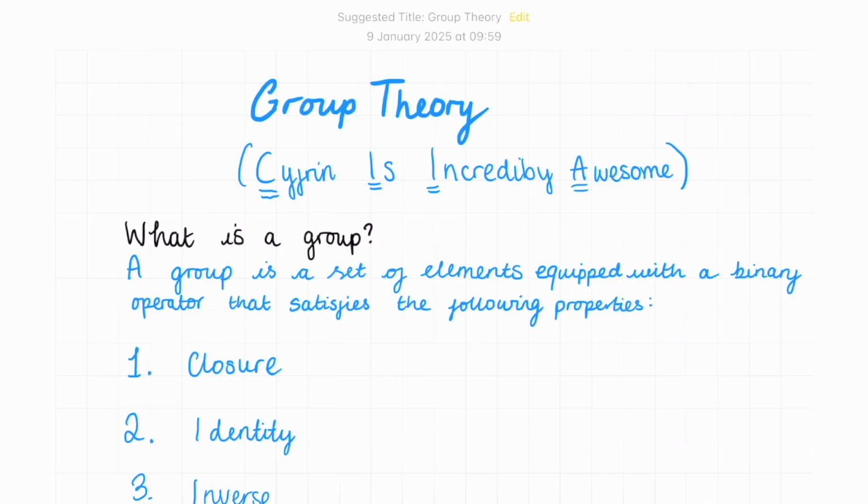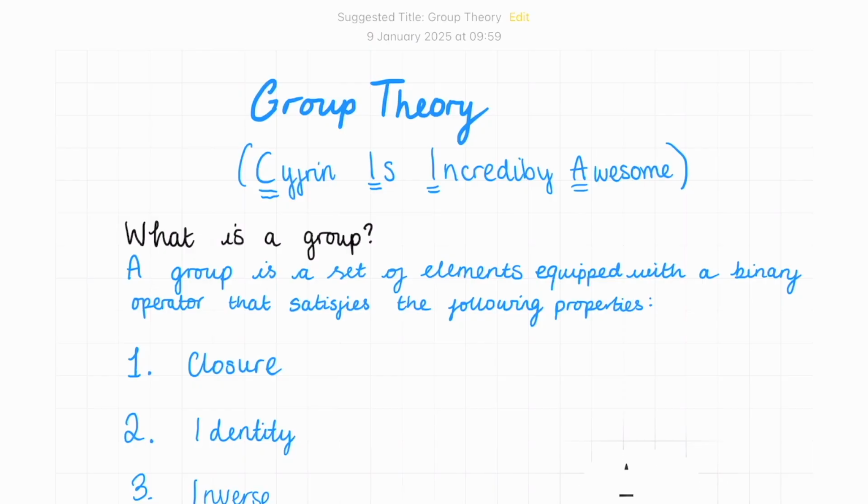And now circling back to the start of the video, Cyfrin is incredibly awesome is the only thing you need to remember, because to work out if a certain set plus a binary operator is a group, you need to figure out whether it satisfies closure, which is C for Cyfrin, identity, which is I for is, an inverse, which is again I for Incredibly, and associativity, which is A for awesome.